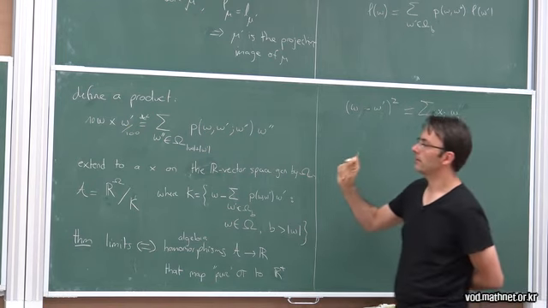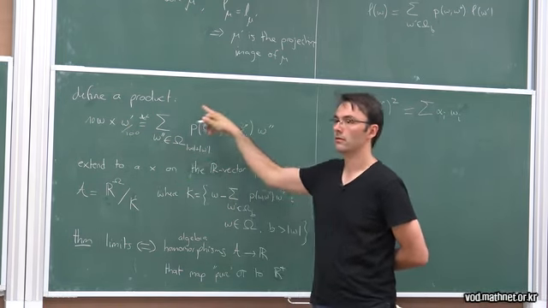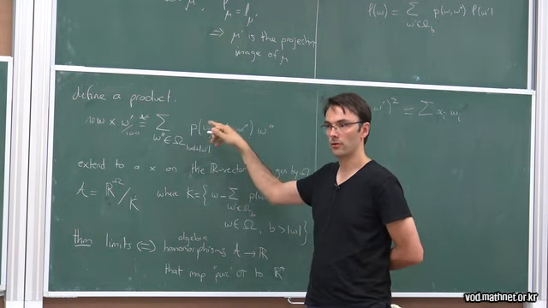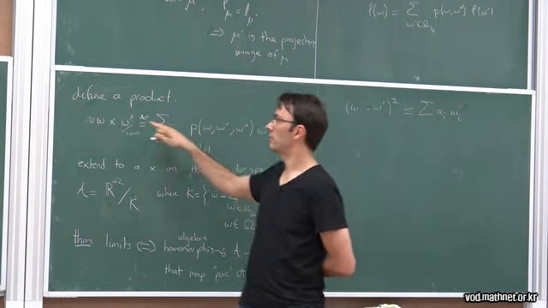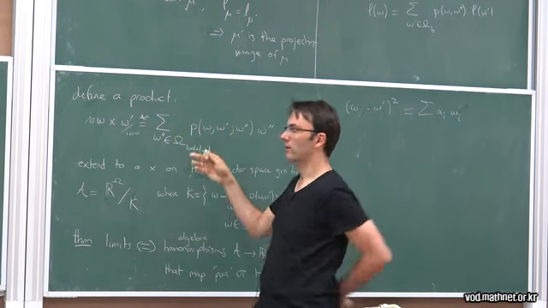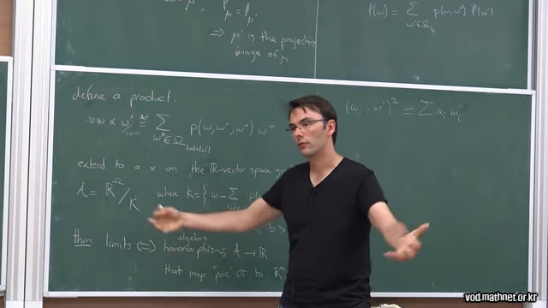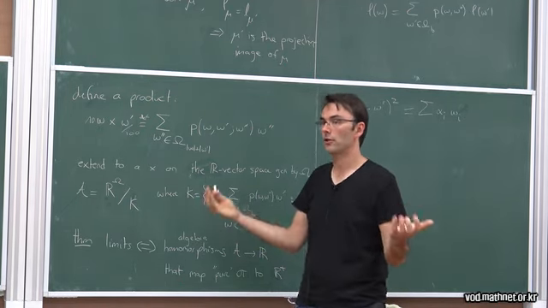So the idea is, here I'm looking at order types, but what I end up with is a linear combination. The natural object is to have some product that remains in the same space, so I have to extend to linear combinations of order types.